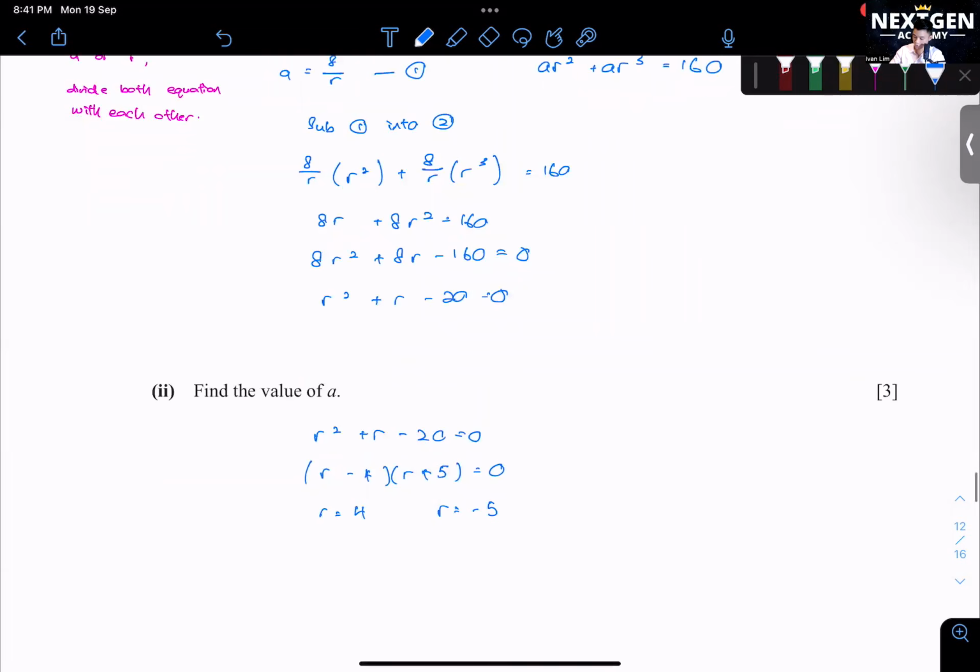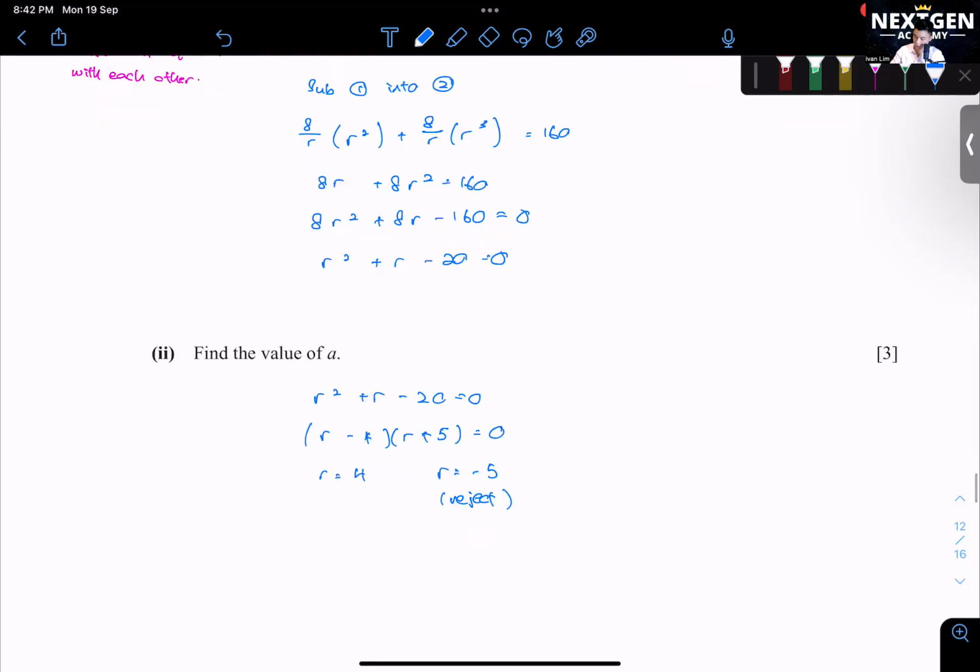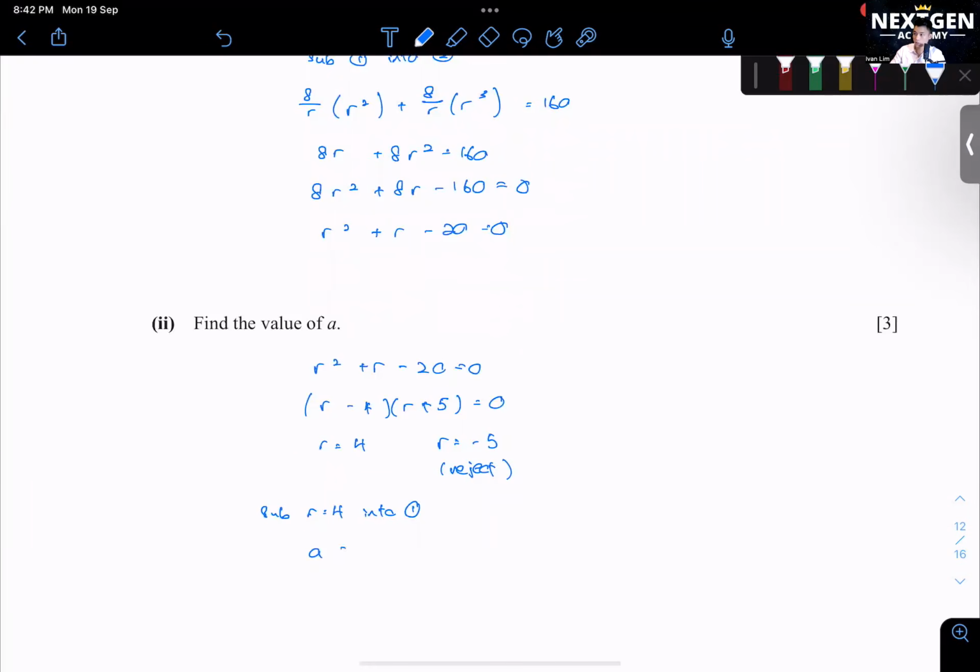R equals -5, we reject it because the question says R is more than 0. Then we sub R equals 4 into equation 1. Therefore, A will be equal to 8 over 4, which equals 2. A equals 2.